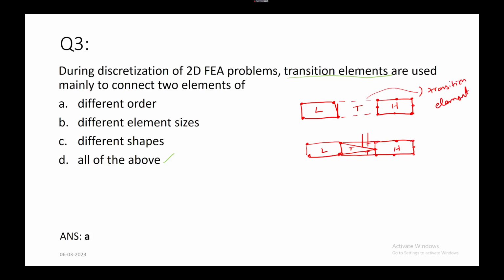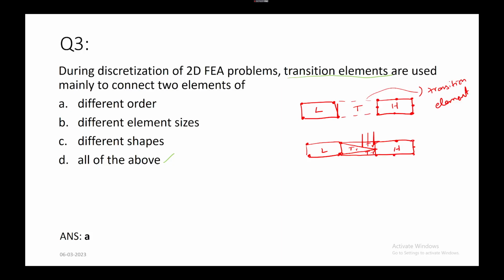Here also there is some transition involved, but you can see that they are regular types of elements. They are not any different transition type of element. They are only regular triangular elements. So to differentiate, I'll put TR, TR, TR. So these are triangular elements. So actually the answer is A.